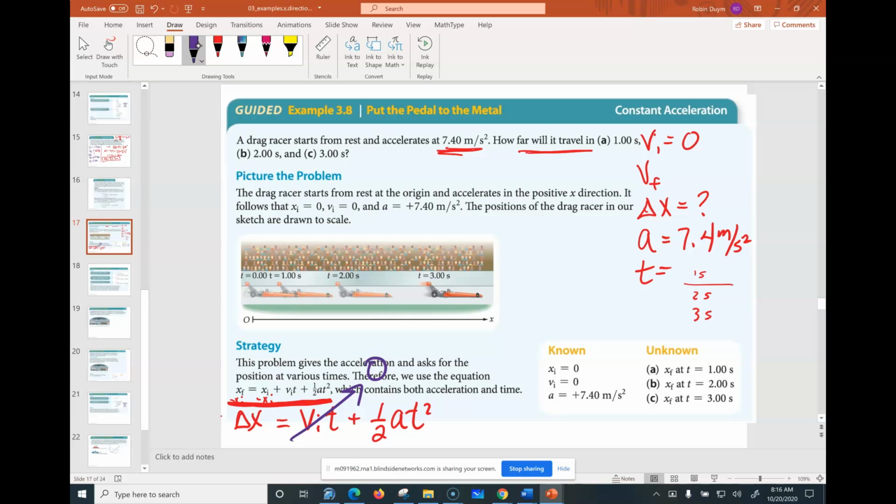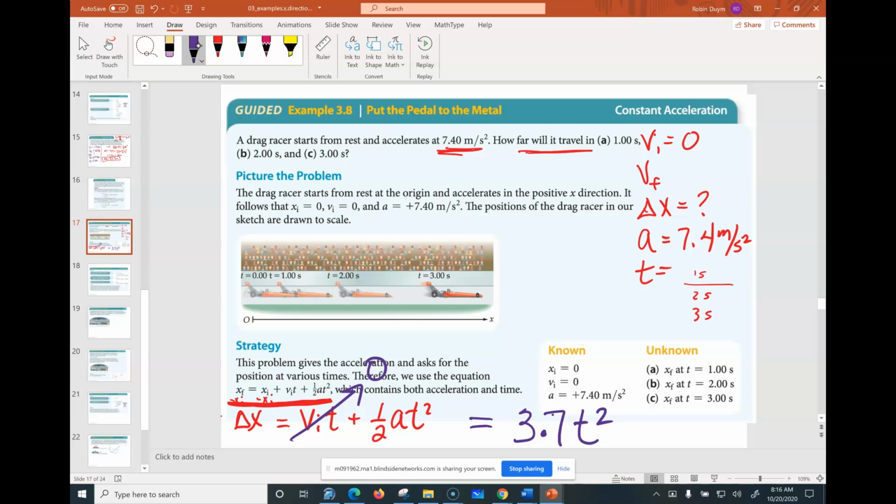This stuff you could do in your head or really quickly on your calculator. What's 1/2 of my acceleration? What's 7.4 divided by 2? All right, so we're going to say 3.7 t squared.